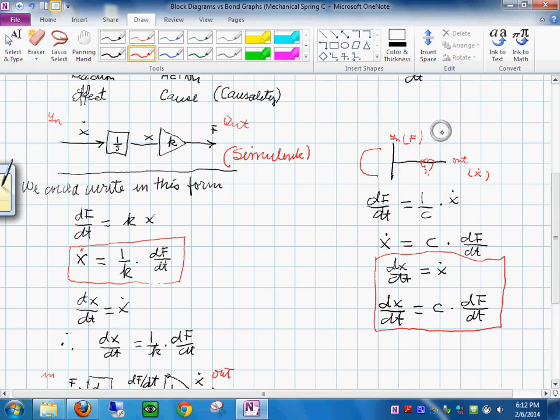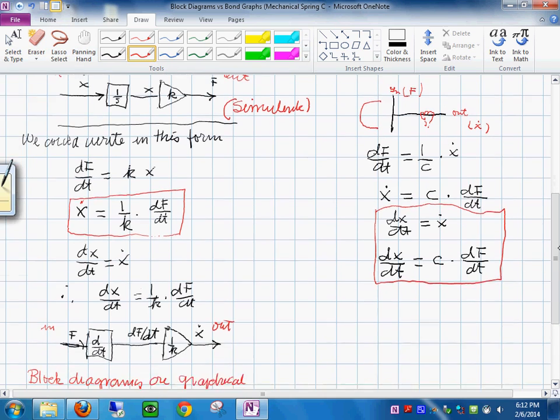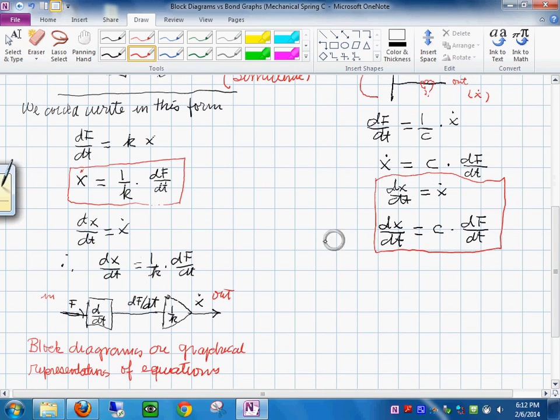But think about what we are doing here. This form is completely equivalent. If you replace c by 1 over k, you get the same equation. I'll just put it in here like this.